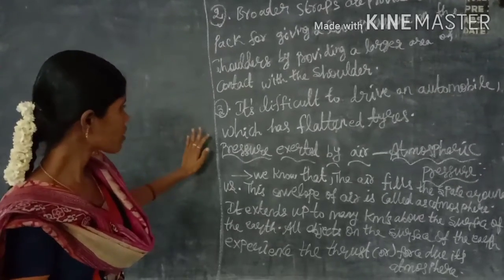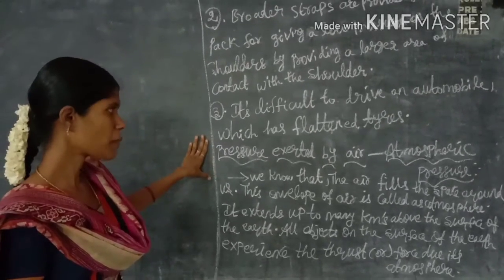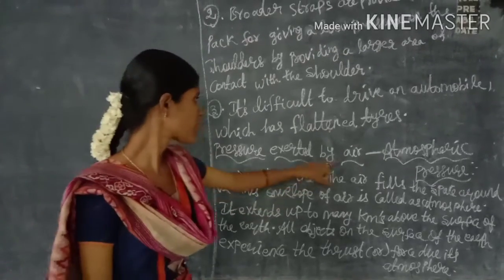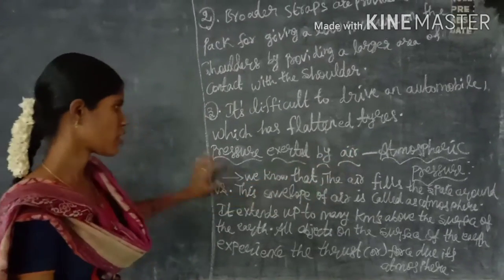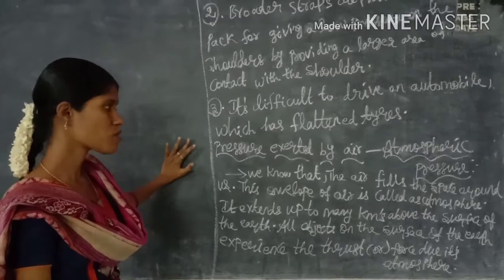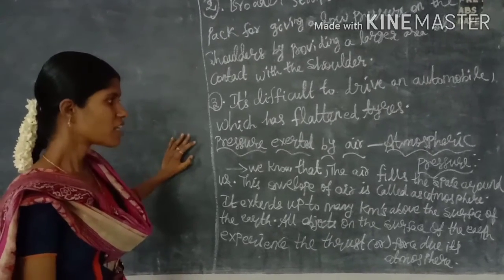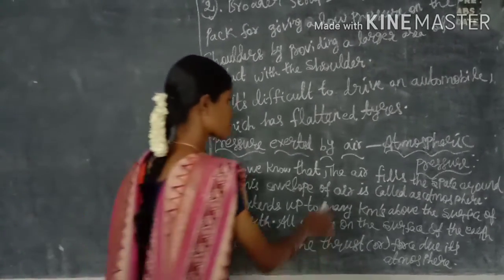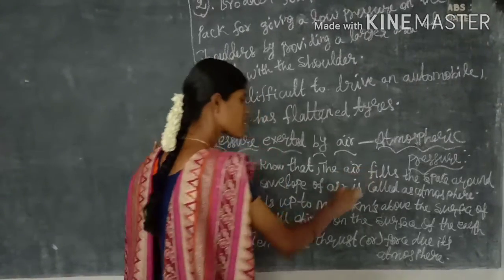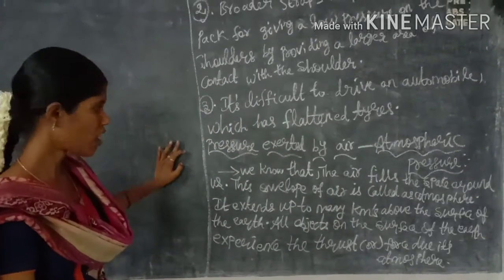The next topic is pressure exerted by the air, a phenomenon known as atmospheric pressure. We all know that air fills the space all around us. The air is everywhere around us.